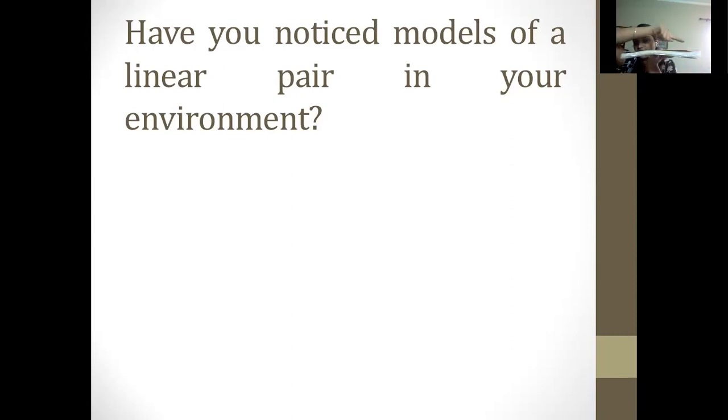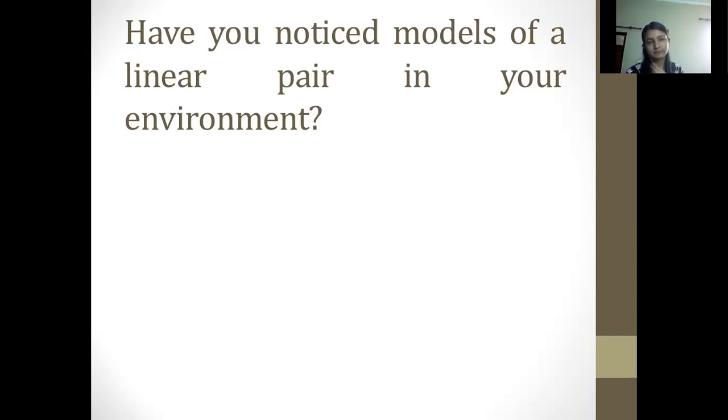Suppose this is the floor, and the rainbow is formed here like this. It makes an angle on a linear pair, isn't it? So a rainbow in the environment is considered a model of linear pair. Any other example you can think of?